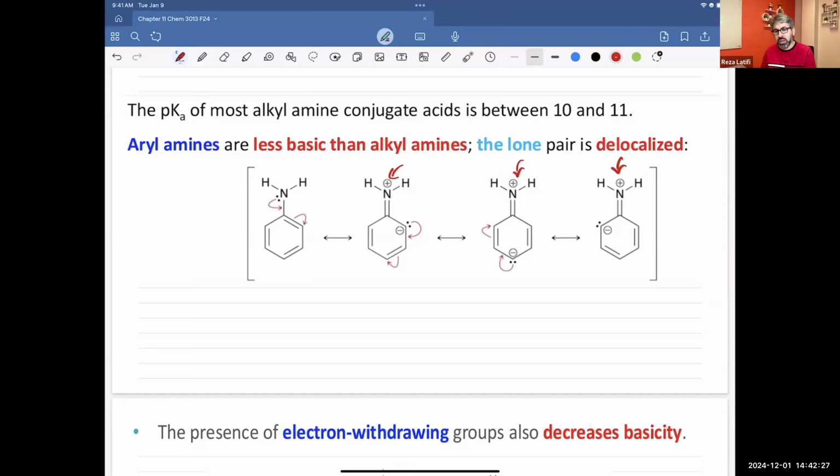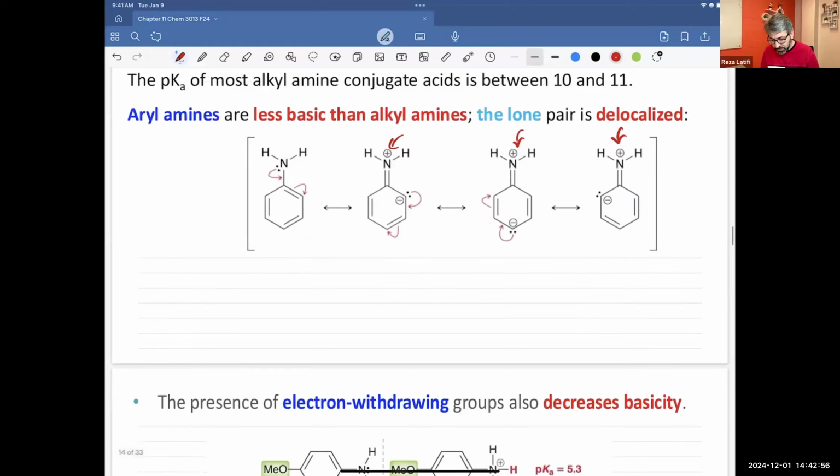Because it gave the lone pair to the ring, and now the lone pair is somehow hidden inside the ring. So this nitrogen will be a weaker base, but it enriched the ring, and the electron density on the ring is now higher. So the ring will be more capable of getting involved in electrophilic substitution reactions.